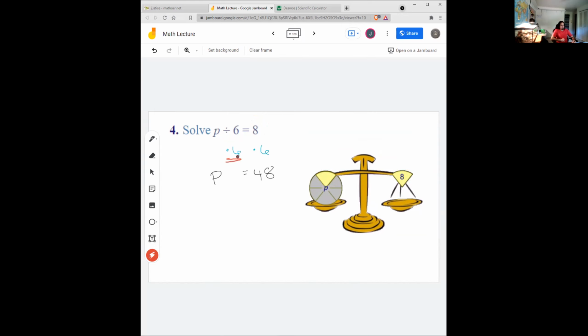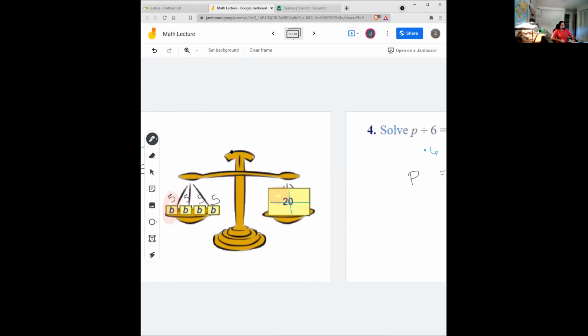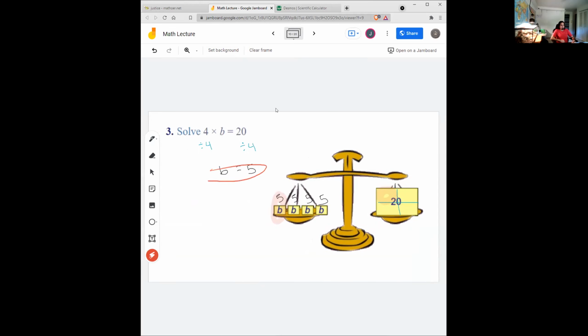So where is my times 6 on both sides? Just like before, if that's the hard thing, think about the finished step first.